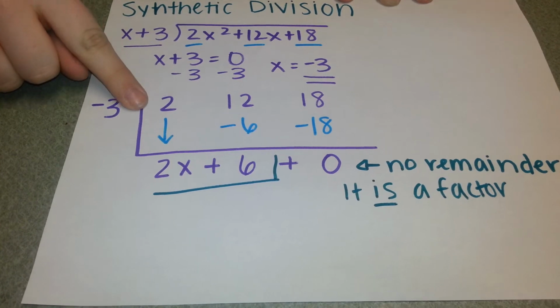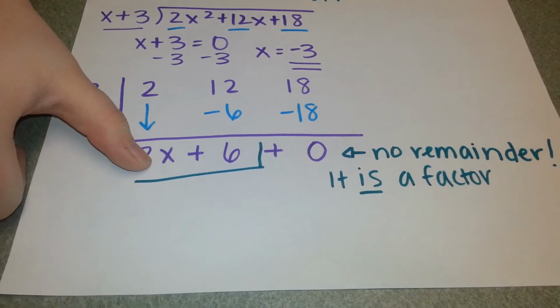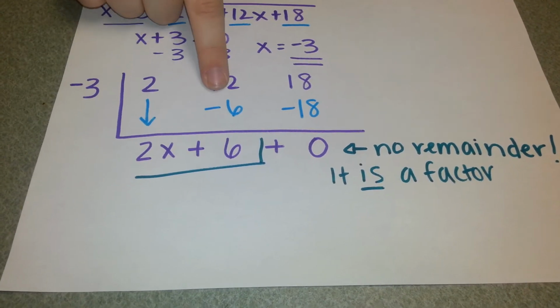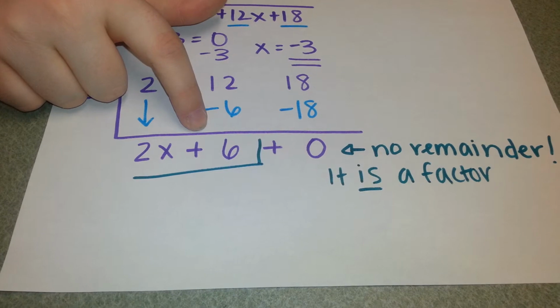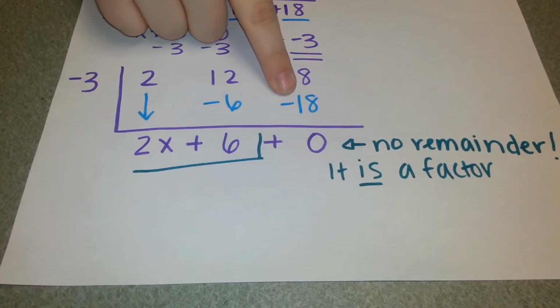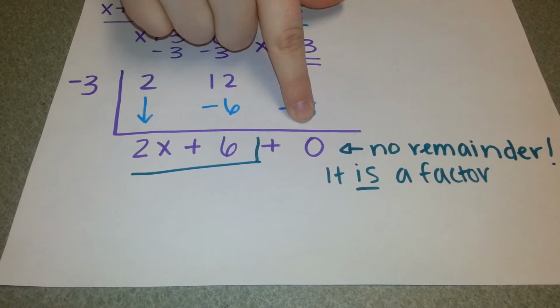You take this 2 and you just move it down. And then you take negative 3 times 2, and you put the answer here, which is negative 6. You add negative 6 to 12, you get 6, multiply it out again, you get negative 18. When you add those, you get no remainder.